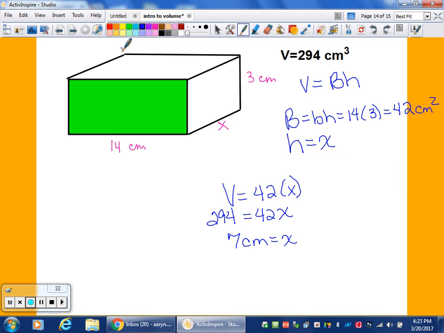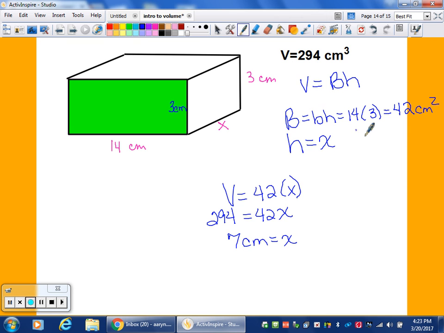Alright, now we're going to work a little differently. I'm going to give you the volume, and a couple pieces, and ask you to solve for the unknown piece. For instance, they shaded this rectangle right here, so this must be my base, which means this is also 3 centimeters right here.